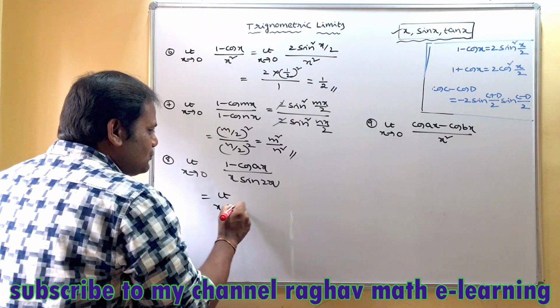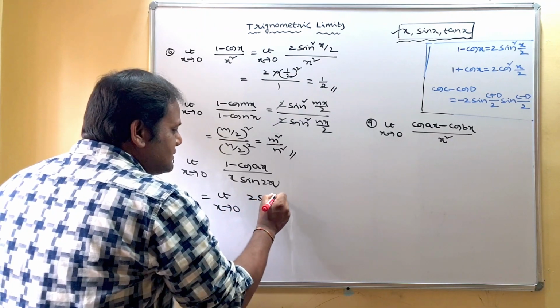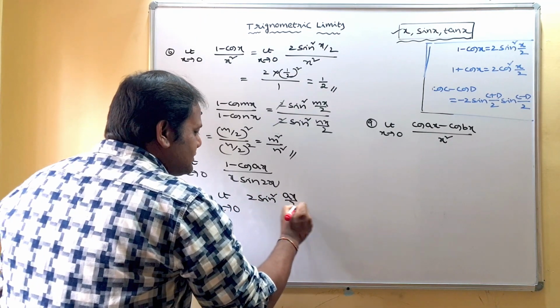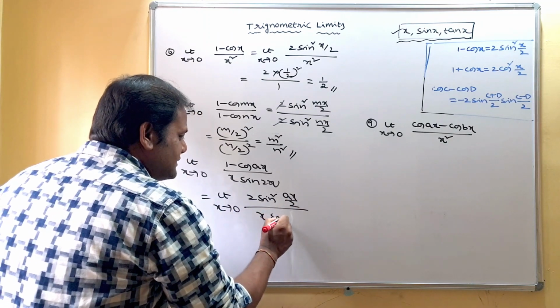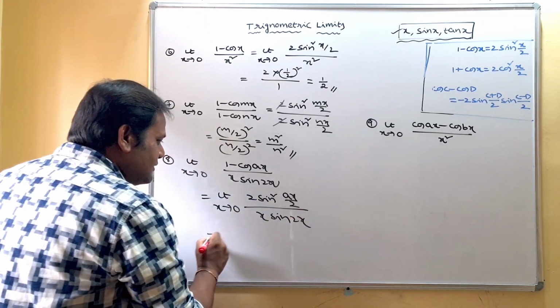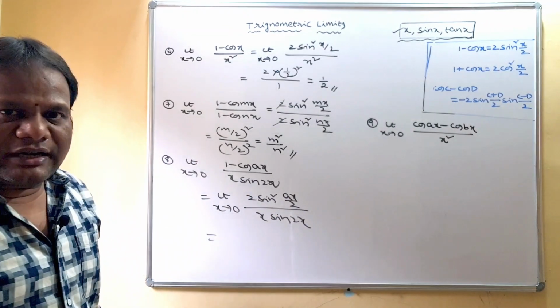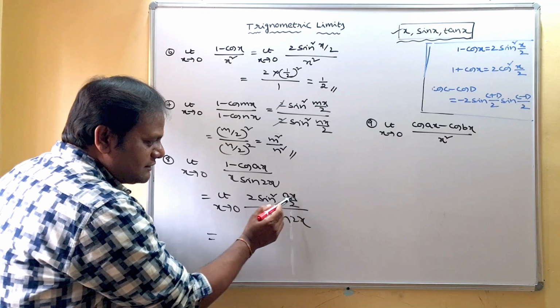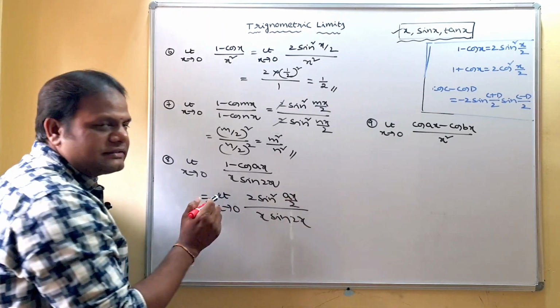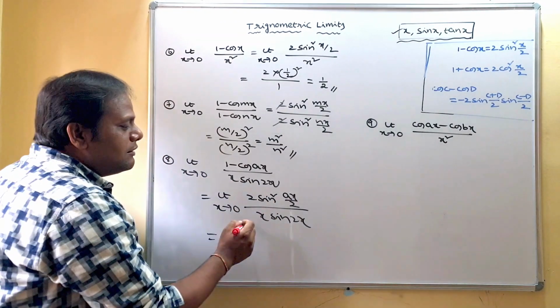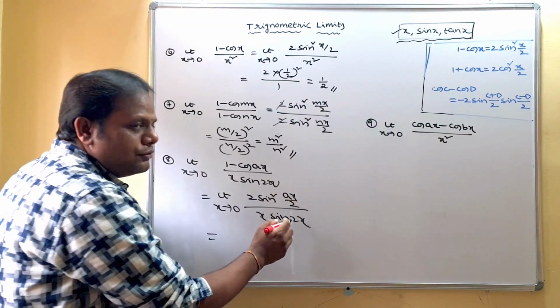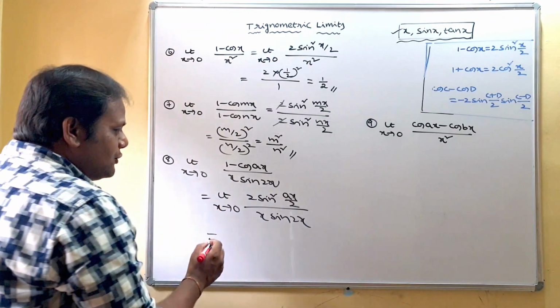So limit x tends to 0, it is 2 sin square theta by 2, so ax by 2, by x sin 2x. Now you can observe how many x are there in both numerator and denominator. So here x but square, so 2x we can take. Coming to denominator, 1, 2. So 2x are there.